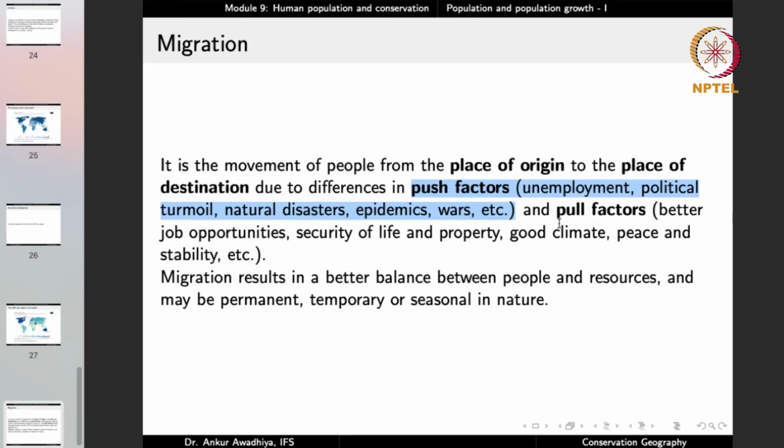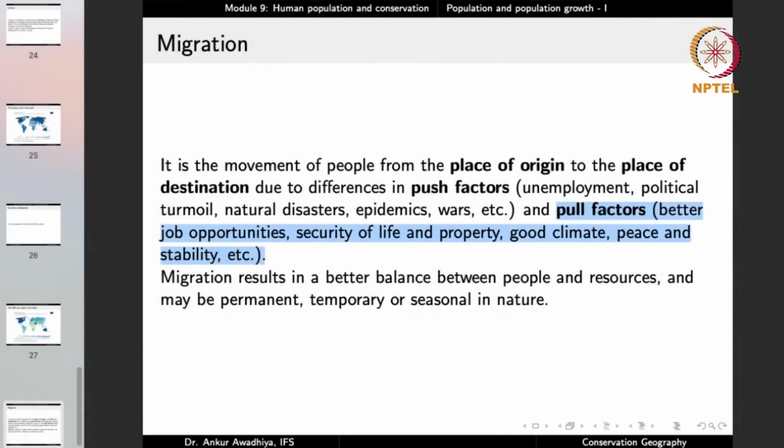And they move to the place of destination because of their pull factors. That is, better job opportunities, security of life and property, good climate, peace and stability. So the push factors push people away from the place of origin, and the pull factors attract people to the places of destination. And migration plays a very important role in the case of population characteristics.